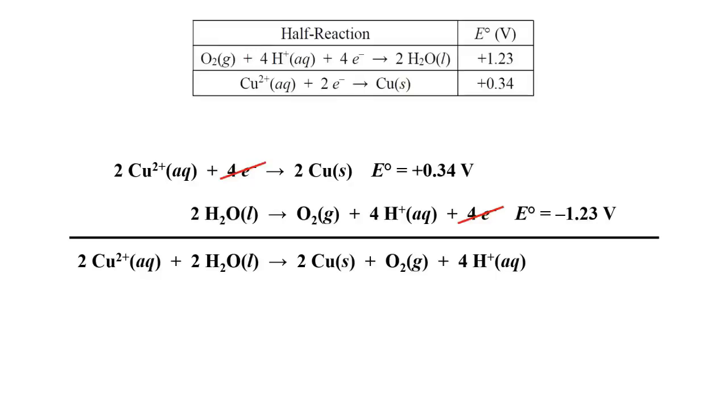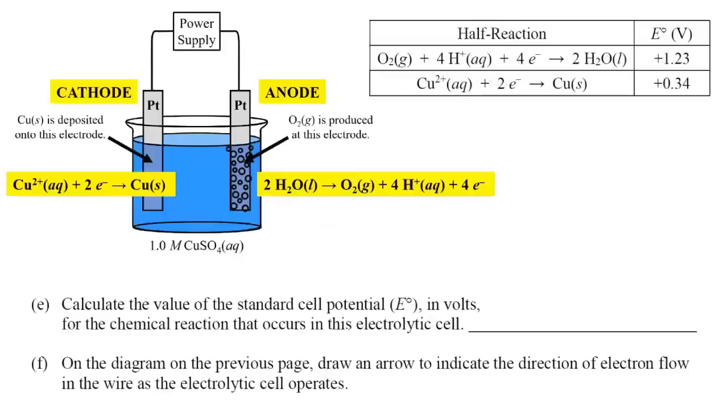So I have a positive 0.34 volts plus a negative 1.23 volts. When you do that math, that combination of 0.34 plus a negative 1.23, you get a value of negative 0.89 volts. So that is the answer to part E of question 5 in the packet.